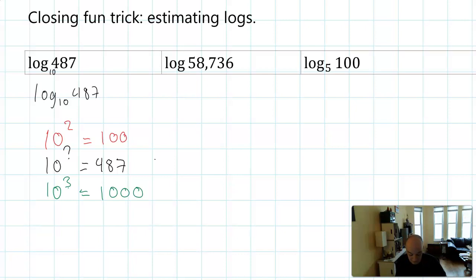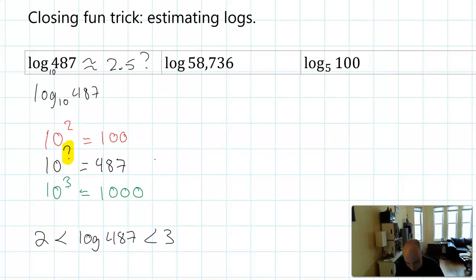So, what is this exponent? Well, it better be between 2 and 3. So we could write that 2 is less than log of 487 is less than 3. That's definitely true, and we could even estimate it. We could say it's approximately 2.5, you know, and then you could get a little more precise if you wanted to. But that's how you estimate logs.